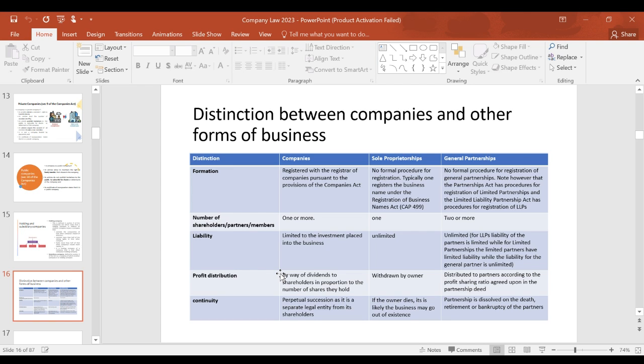If they die, then that business is likely to die with them. And for partnership, in case of a death of one of the members of that general partnership, then that partnership will be dissolved, and there will be no continuation of that partnership because it has to regroup itself.